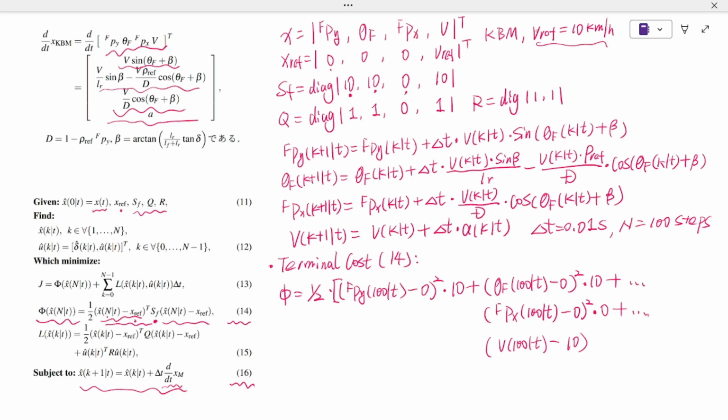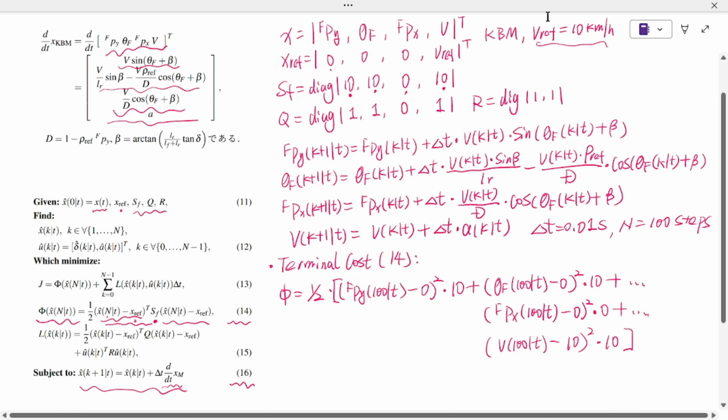The V reference is 10, square times the weight, which is 10. Okay, this is the terminal cost.